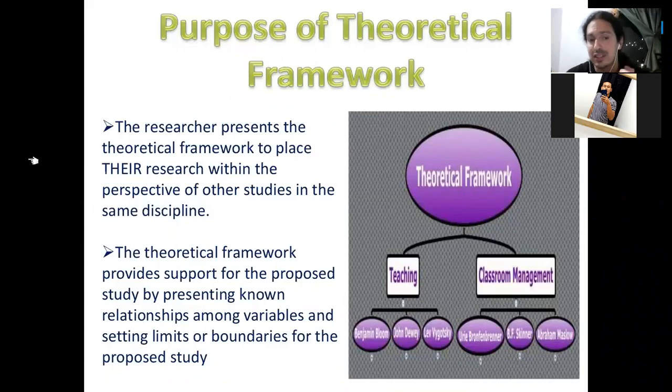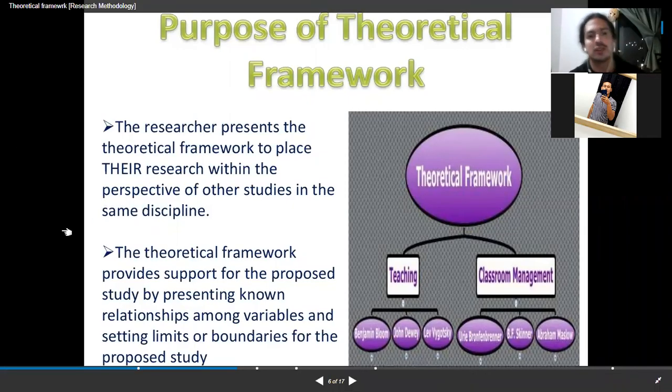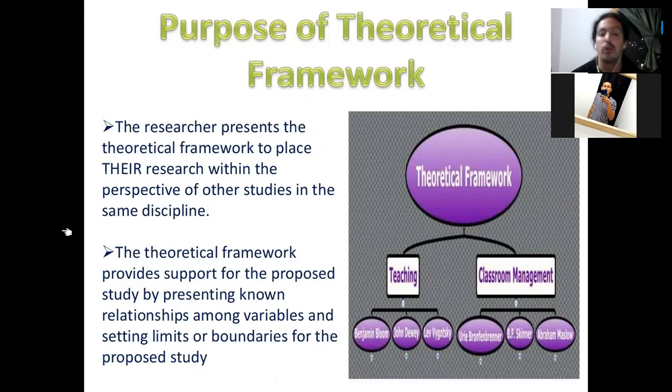The second part says that the theoretical framework provides support for the proposed study by presenting known relationships about variables and setting limits or boundaries for the proposed study. So in this part, what I wanted is that you play with your limits.